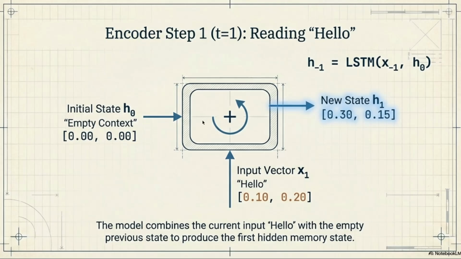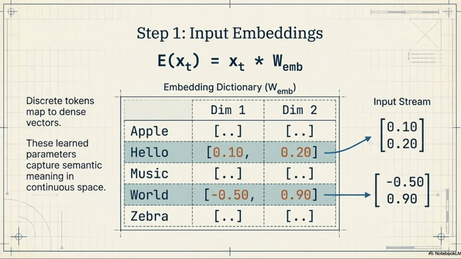Remember that it calculates the long-term memory, how much should we keep of that, the short-term memory, how much should we keep, etc. Then it combines the previous hidden state with the current input, the hello vector 0.1, 0.2, let's remember, it's this one here.